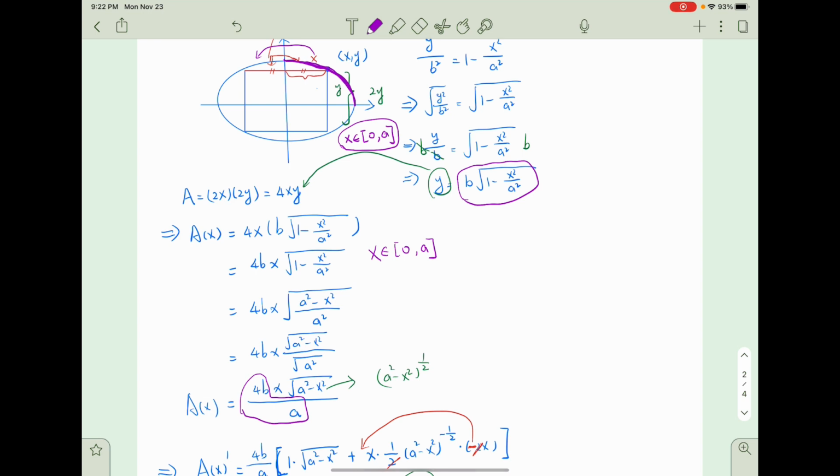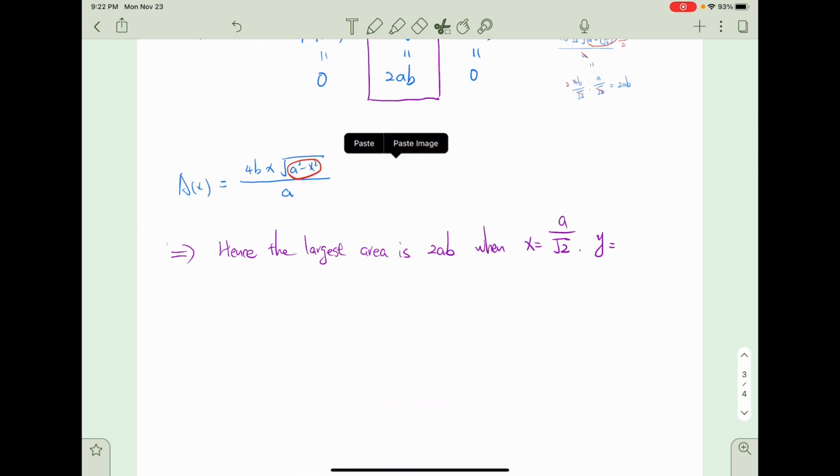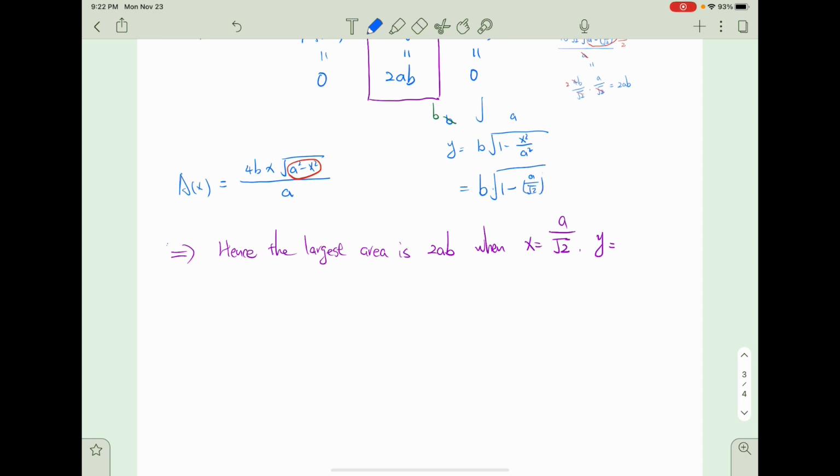So we just need to substitute x equal to a over square root of 2, maybe just copy and paste. So in this case, this y is equal to b times square root of 1 minus a over square root of 2 squared over a squared, right?